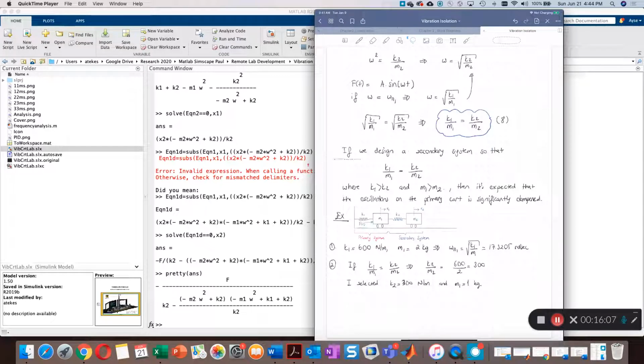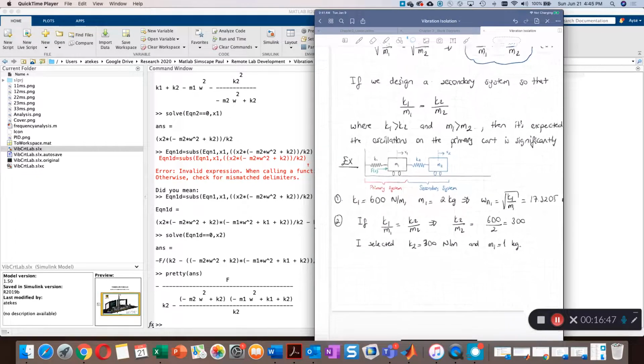If you are designing a secondary system when the primary system is forced at its own natural frequency, your vibration isolator design must satisfy this equation: k1 over m1 must be equal to k2 over m2. However, k1 must be greater than k2 and m1 must be greater than m2, which means your primary system has a larger mass and a stiffer spring. Then it's expected that the oscillations on the primary part will be significantly damped.